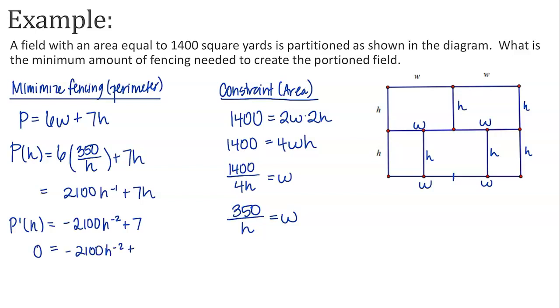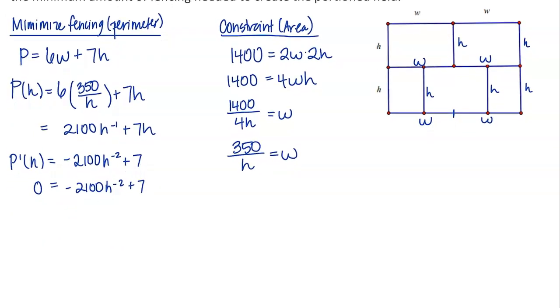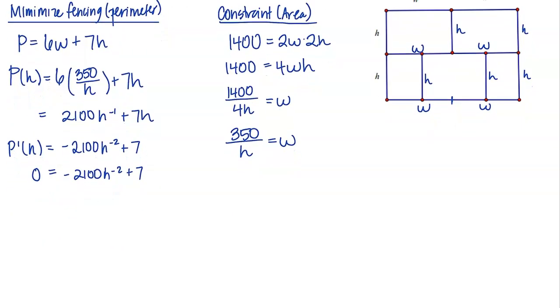to solve for H. So I'm going to scoot everything up a little bit here. If we subtract the 7 to the other side and divide by negative 2100, that's got to equal H to the negative 2. The negatives will become positives. 7 goes into 2100 300 times, so I have 1 over 300 is equal to 1 over H squared. So H to the negative 2, 1 over H squared.